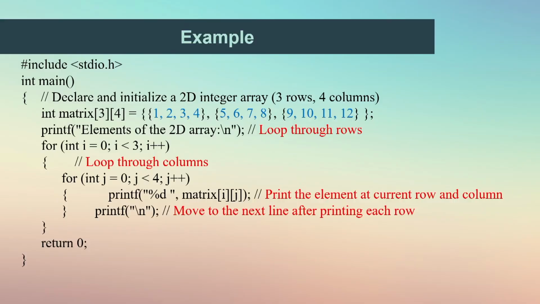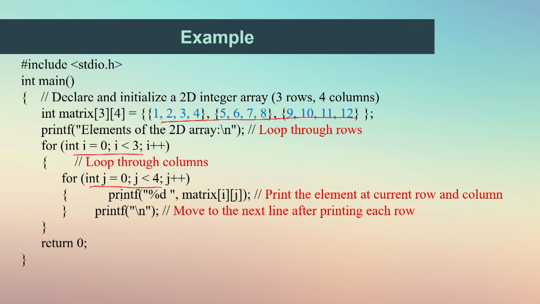So, this is a complete example that creates a 3 by 4 matrix, in the sense that it has 3 rows and 4 columns. We initialize the first 3 rows with 4 column values, and we display them using 2 nested loops, where the row value is up to 3 and the column value is up to 4.